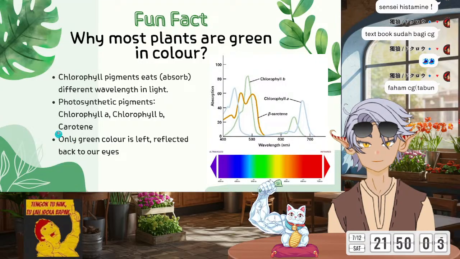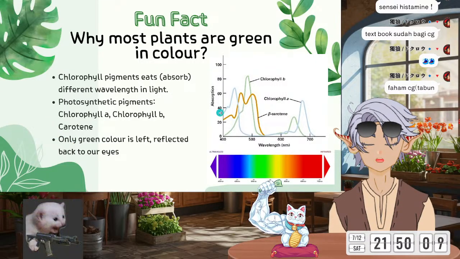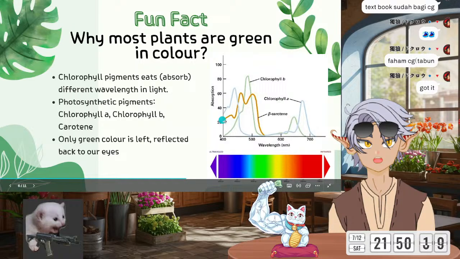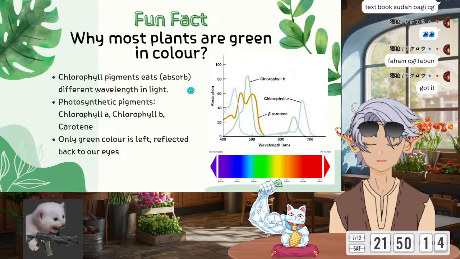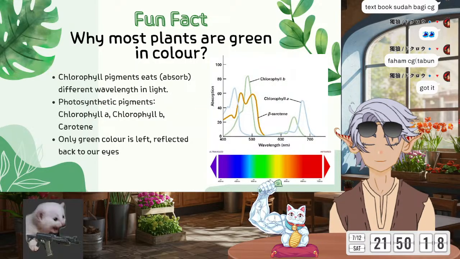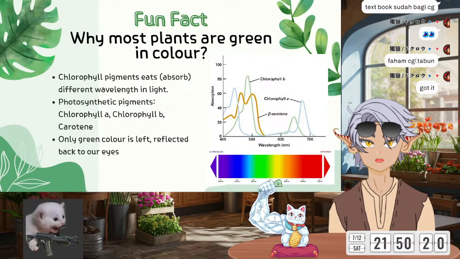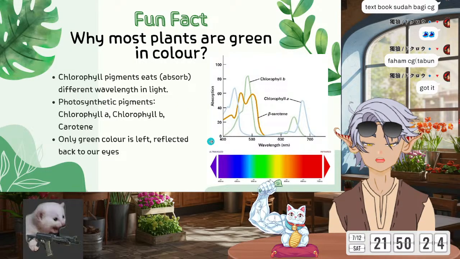So what wavelengths do they absorb? We need to refer to this graph here. What does this graph tell us? This is not the stock value of any market. It just tells how much they absorb at a certain wavelength.